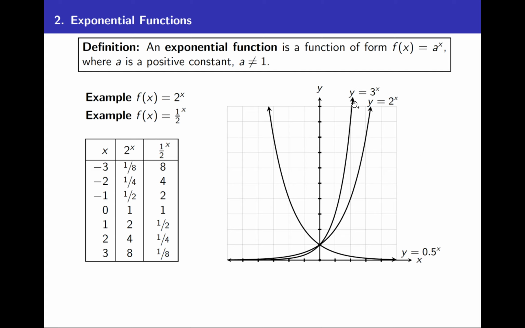Now, we're not going to plot points, but you can see that if you increase the base from 2 to 3, that function would increase quicker because 3 to the power of x is always bigger than 2 to the power of x, at least if x is positive. Y equals 10 to the power of x would look something like this.